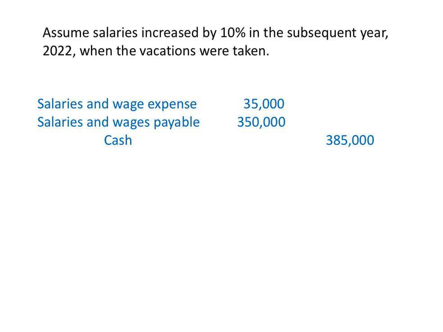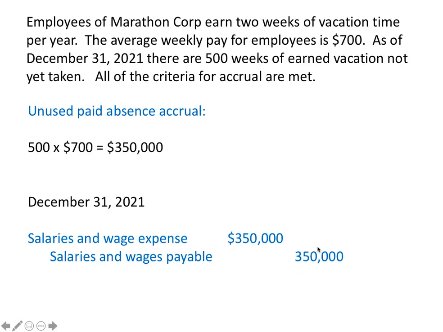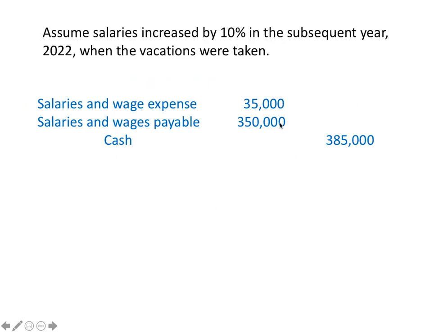So when that vacation time is used, the payable is debited for $350,000. Remember, that's the amount we accrued, $350,000, so we can't debit it for more than its balance. The additional $35,000 is recorded as an expense, and $385,000 is the decrease in cash for the year for the vacation time.